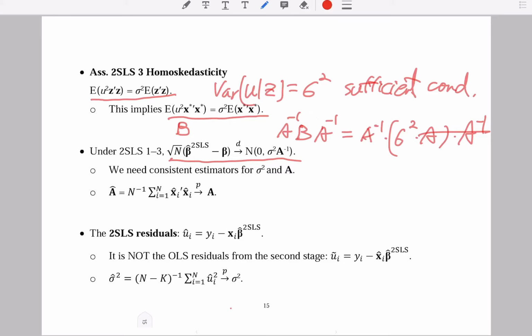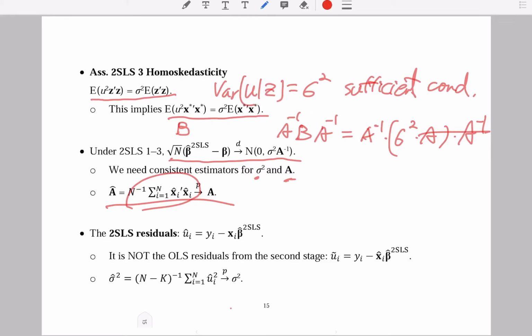The last thing we need to do is estimate the standard errors, since there are some unknown parameters here. Sigma squared is unknown and A is unknown, but we already know how to estimate A, because A is just the probability limit of this term, so we just use it as an estimator for A. That's not very important.